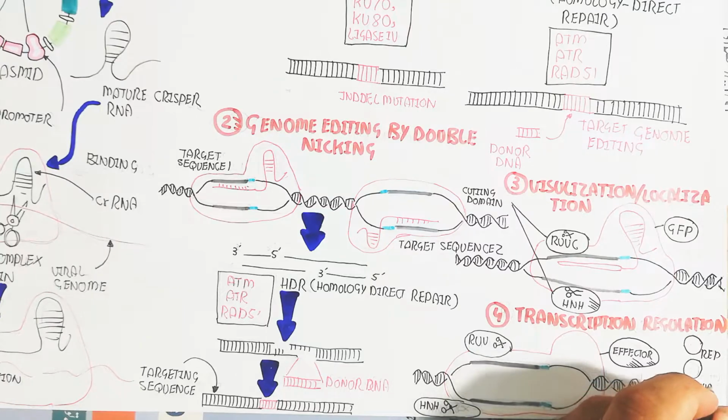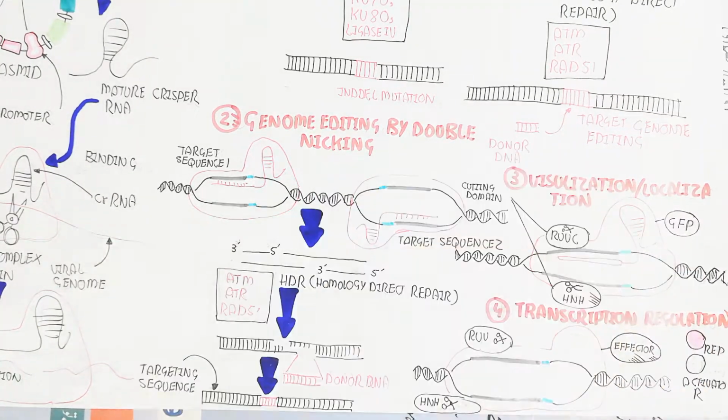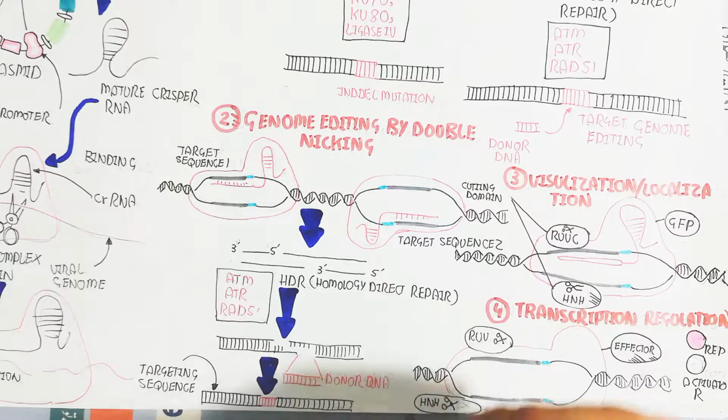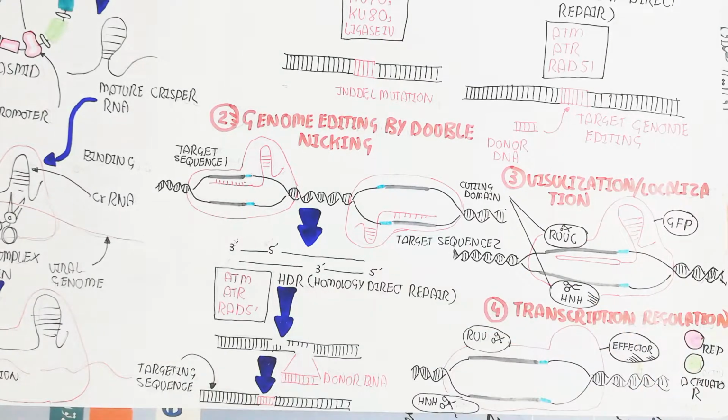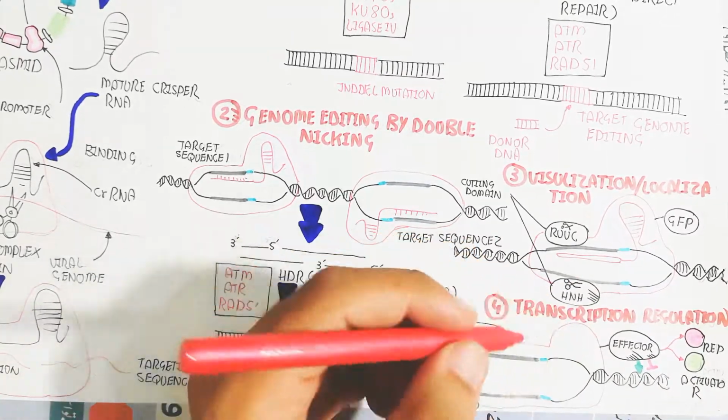And in this way you can understand the transcription regulation, which means the transcription and regulation will be changed, leading to the effector. That effector will produce color, the red and the green. Green is the activator. So remember these things.